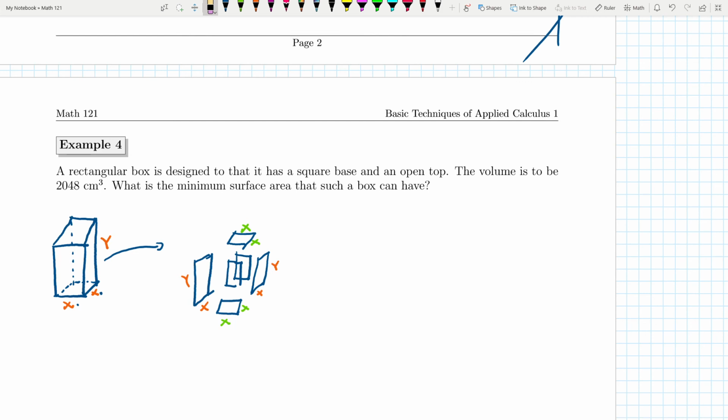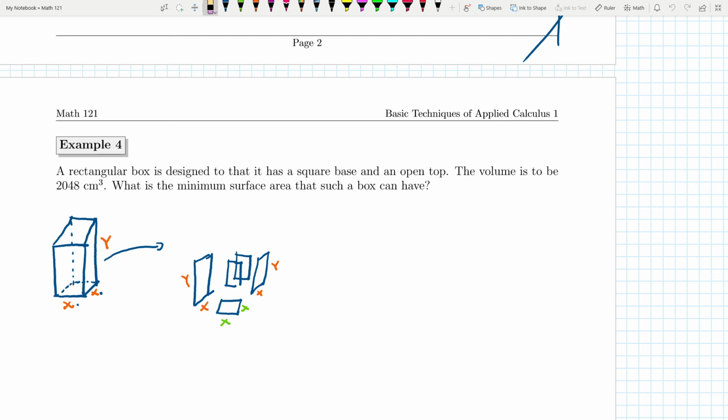So what I'm going to do is just get rid of that top right here. The volume is to be 2048 centimeters. What is the minimum surface area that such a box can have? In this case, we're not going to find the minimum cost.